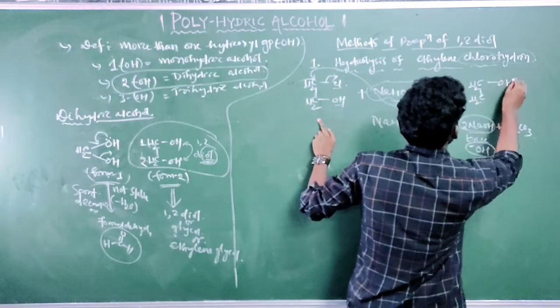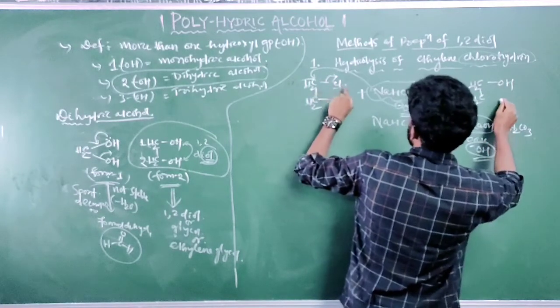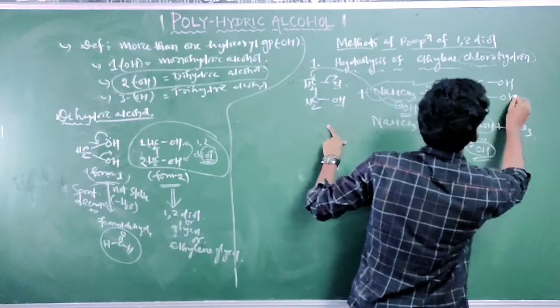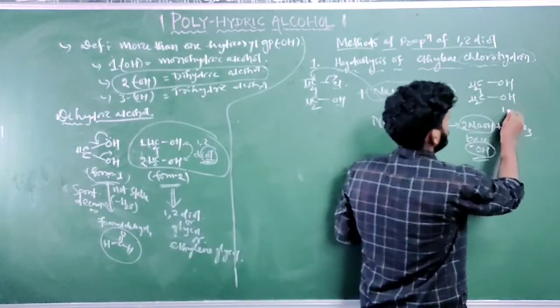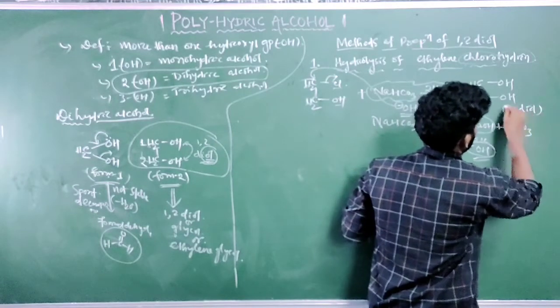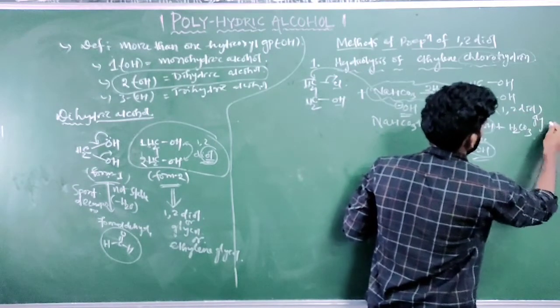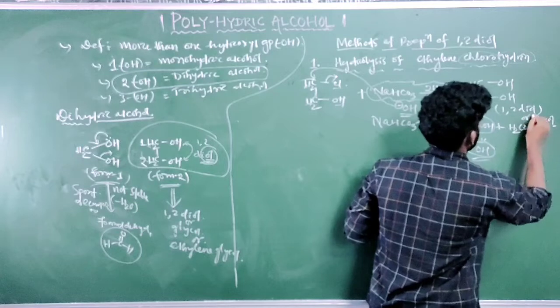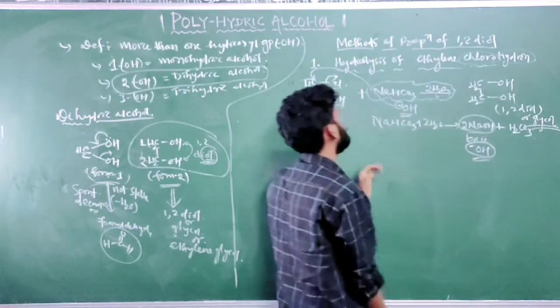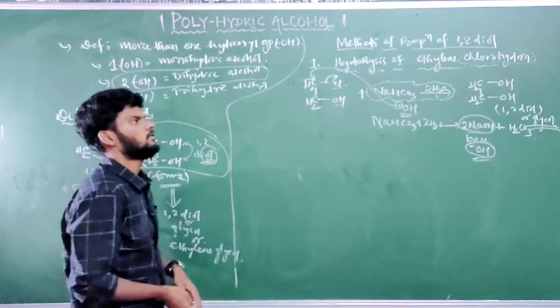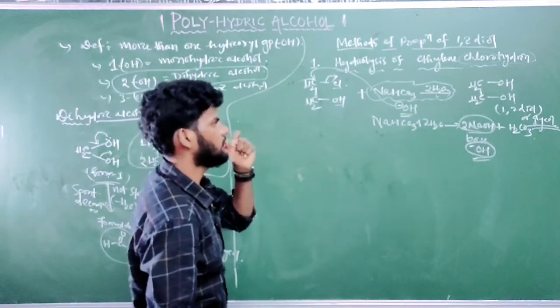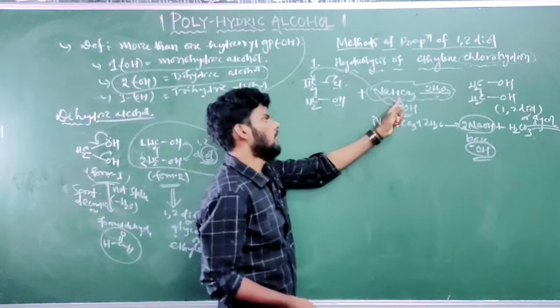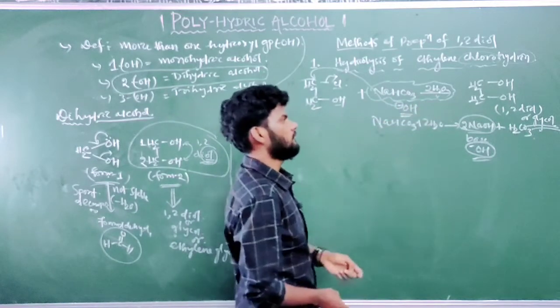CH2OH, with OH replacing the chlorine atom. This is 1,2-diol or glycol. So this is the first method of preparation of 1,2-glycol from ethylene chlorohydrin by hydrolysis in the presence of sodium bicarbonate and water.